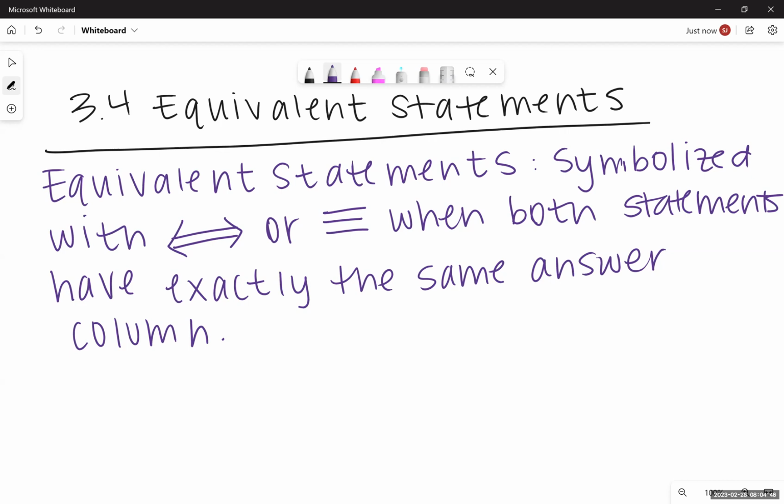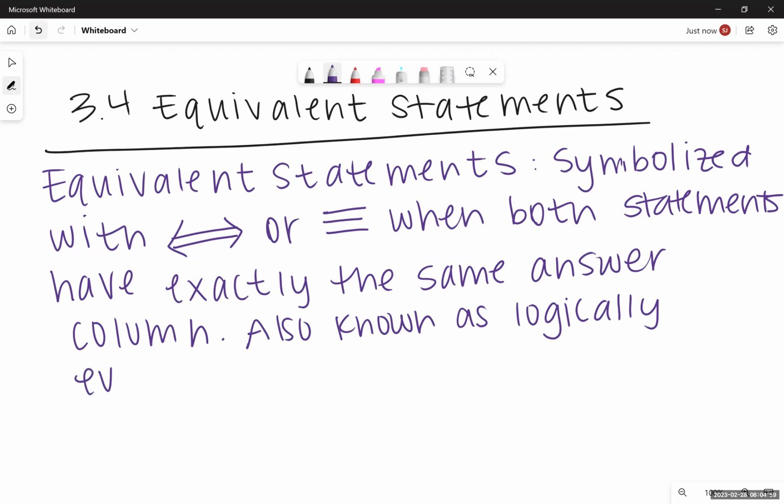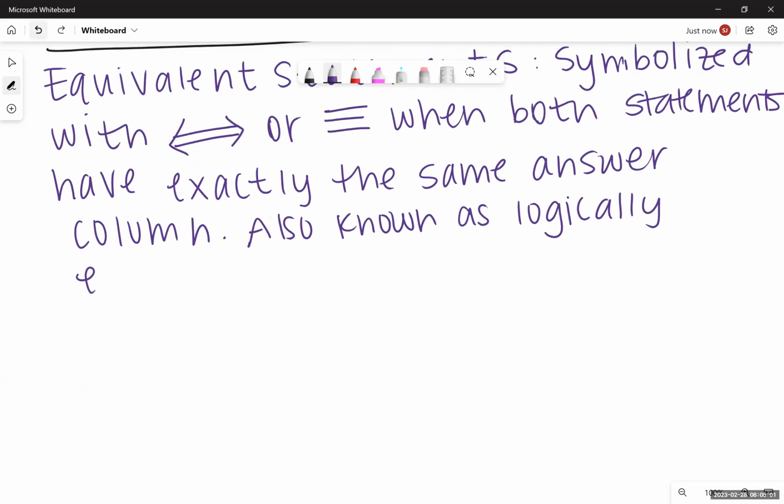This is also known, especially in this class, and I write this so that if you see this word on an exam, you know, as logically equivalent, because we are doing the logic section right now for this book.